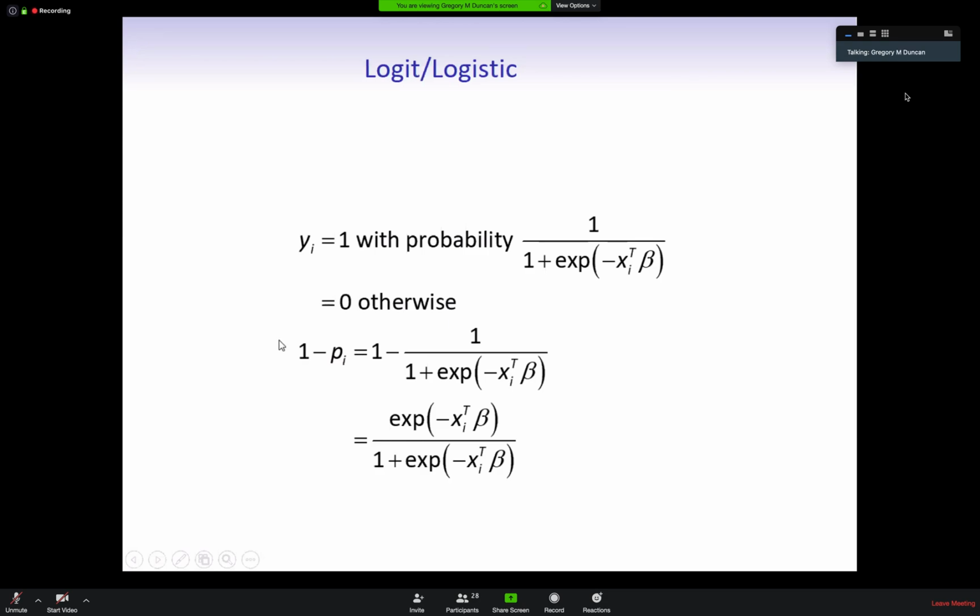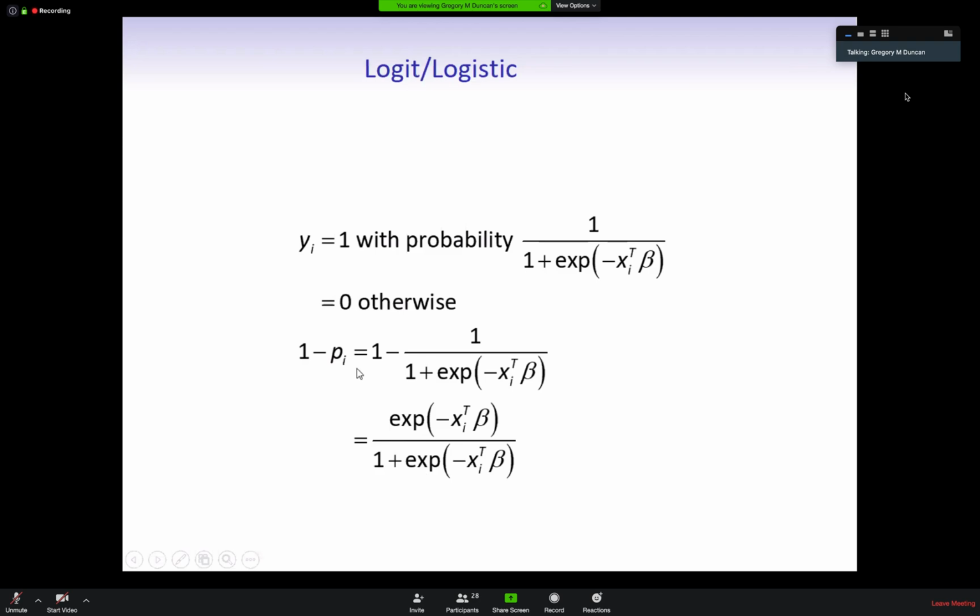Okay? 1 minus pi, where this is taken as pi, is 1 minus that probability. Now, ordinarily, I wouldn't state that, but it turns out that this has a very useful form that won't leap out at you unless you do some algebra, and I want you to do this algebra.